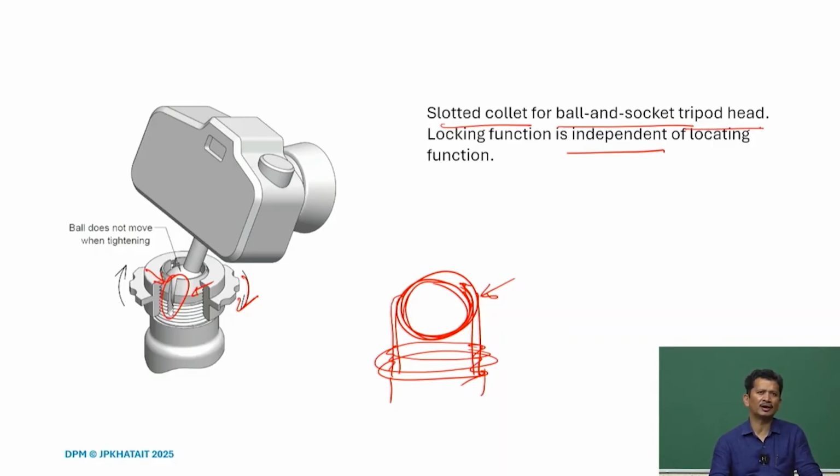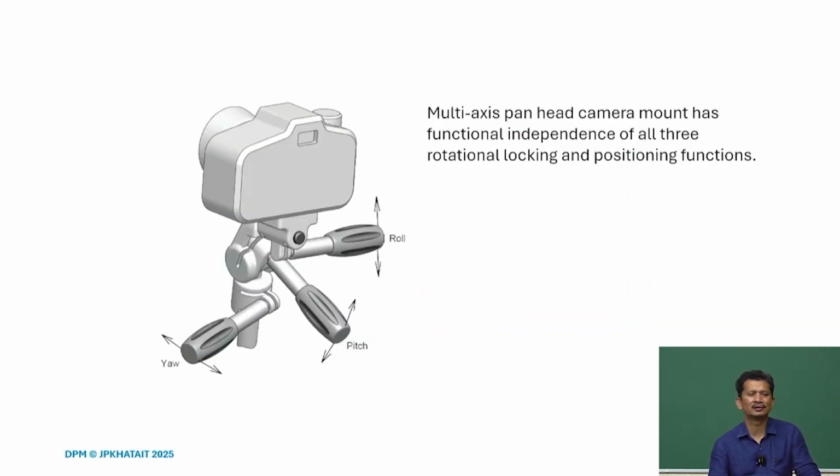But again, if we look at it closely, the positioning requirement is rotation along 3 axes. So, now we have a multi-axis pan head camera mount, with functional independence of all 3 rotational locking and positioning functions.